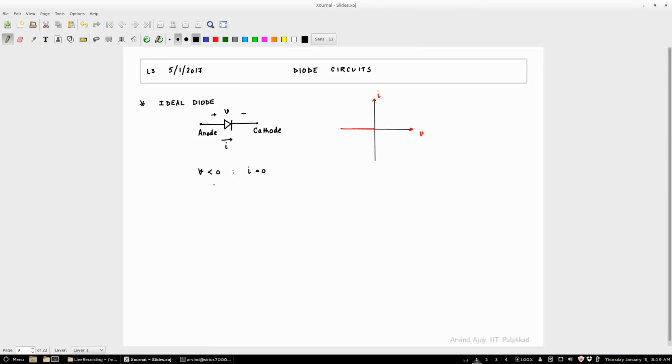Okay. So depending on the technology, the real diode that you have in that technology will have a characteristic that looks similar to this, but not exactly this. But for circuit analysis, let's start with what's an ideal diode first. All right. So for V less than 0, I is 0.